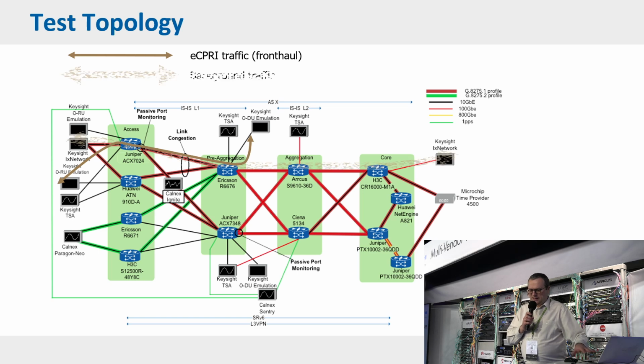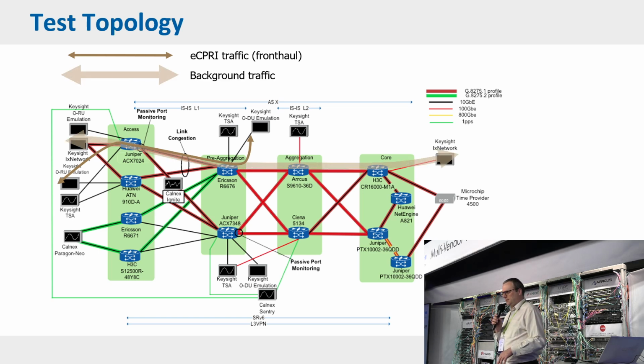In addition to that, we also generate some background traffic, just in order to saturate the fronthaul link. So we will test in extreme conditions, where the fronthaul link is saturated, so it's congested. Even in this congested situation, we'll check if the fronthaul traffic is going through with low latency and so on.